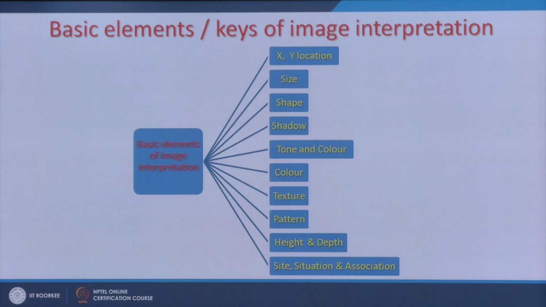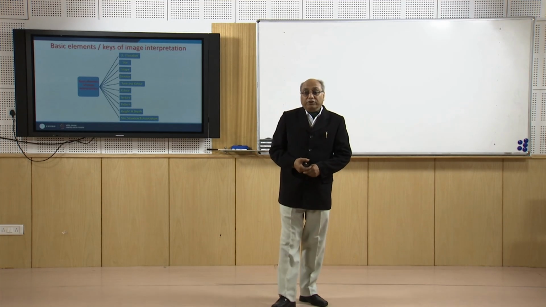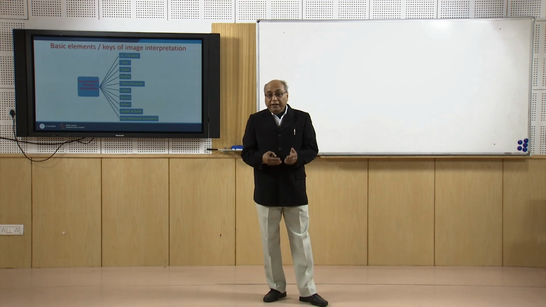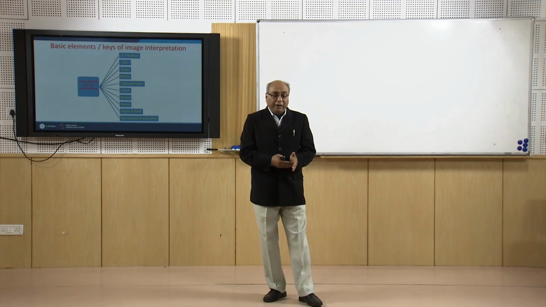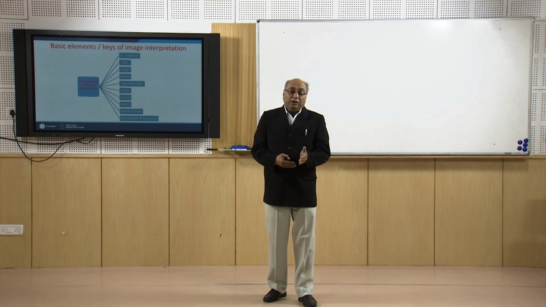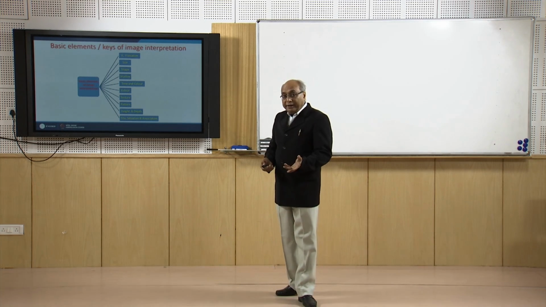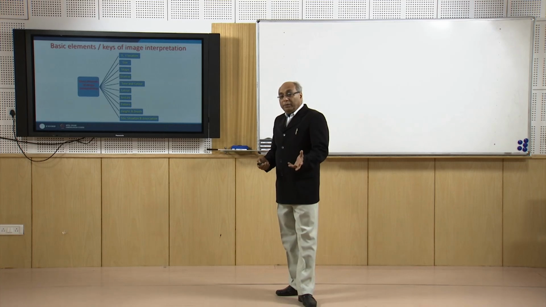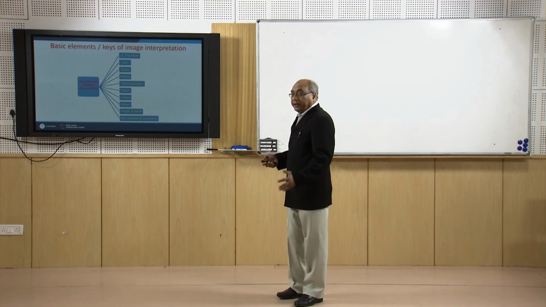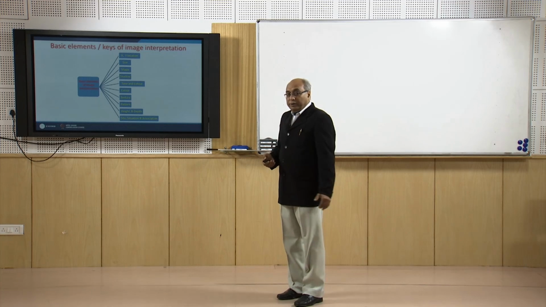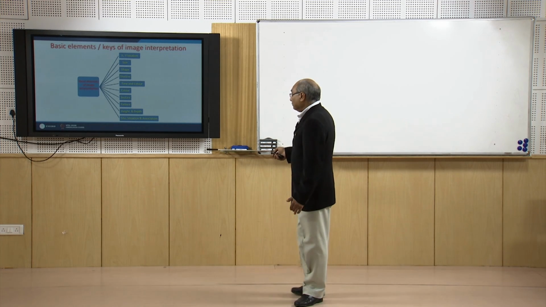Shadow also gives us a lot of information about an object, especially in hilly terrain. It gives you the feeling about depth or depth perception, whether it's a valley or a ridge or whatever. In plain areas you may not have shadows, but if there are some objects present, like a tall building, it will always have a shadow in daytime images.